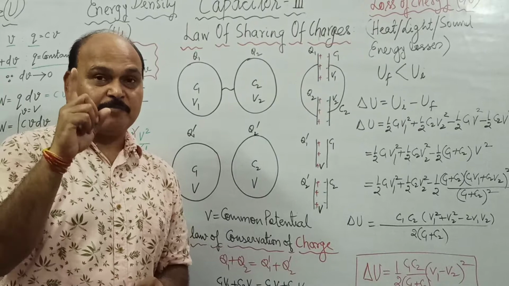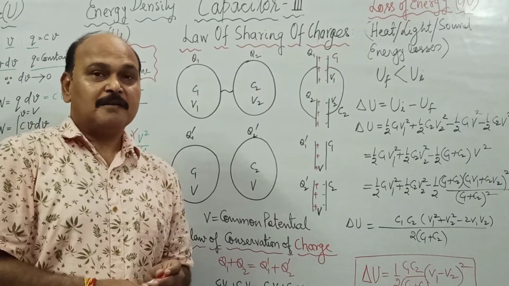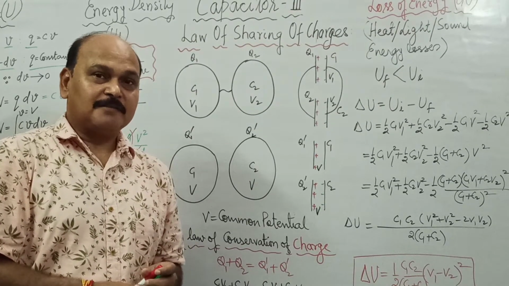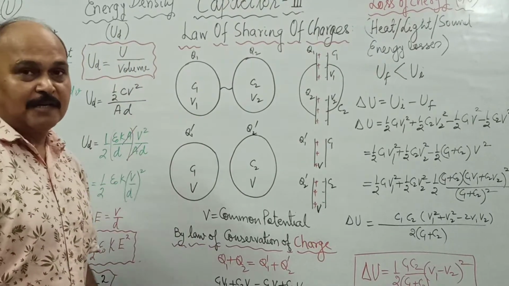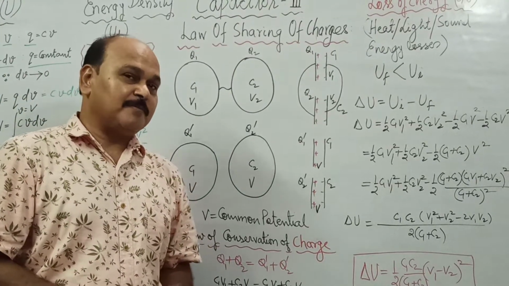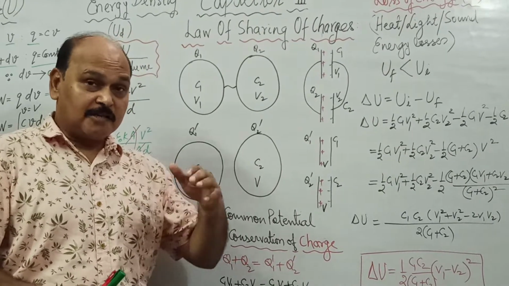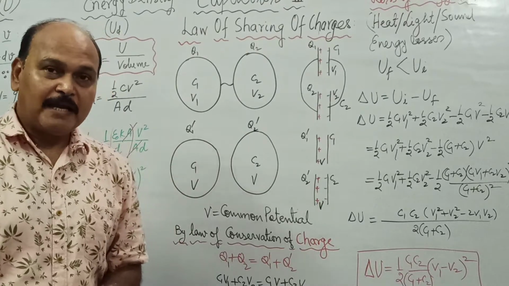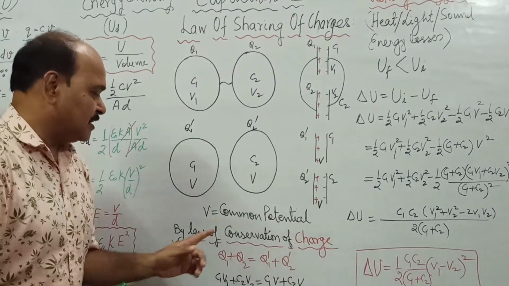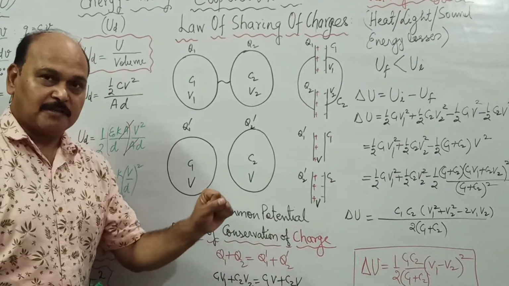That common potential is called temperature. In the same way here, if two conductors or capacitors are connected to each other, charges over them are redistributed, and this continues until both acquire the same value of electric potential. That electric potential is called the common potential.